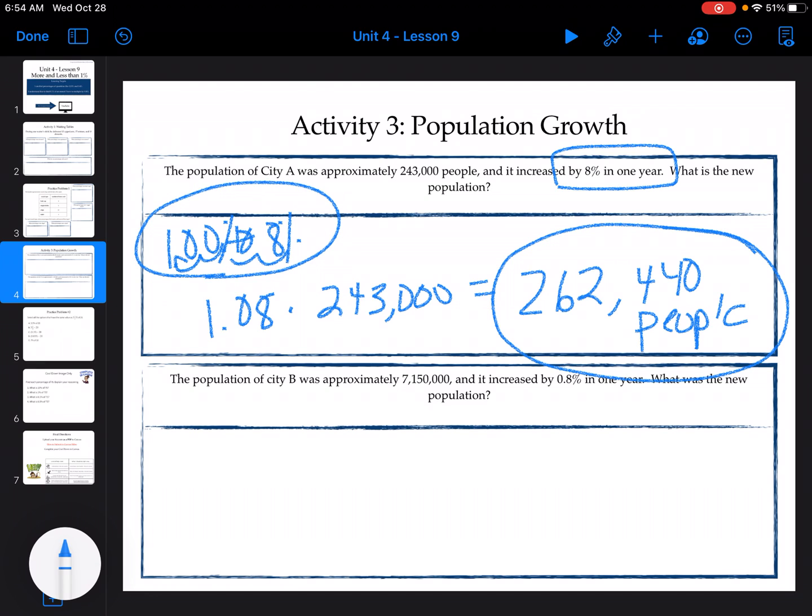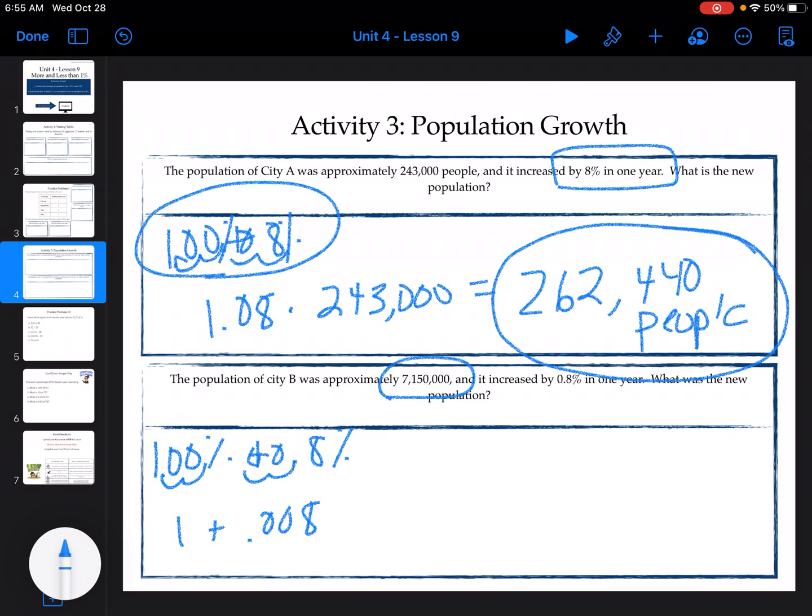The population of city B was approximately 7,150,000. It increased by 0.8% in 1 year. What was its new population? Well, I'm going to take 100% and add 0.8%. Remember, you're moving that decimal 2 places. So that's 1 plus 0.008 this time.